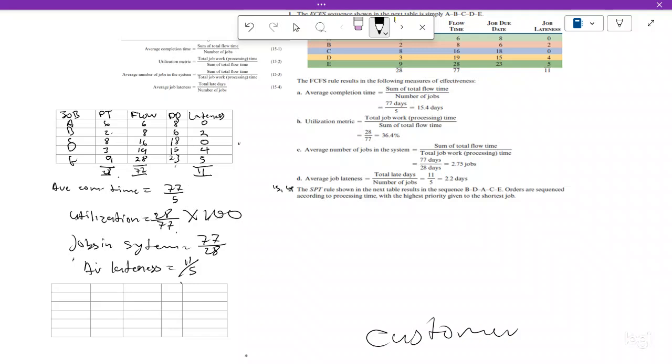For your practice, you've done this for FCFS. So we have to finish them out. Move to SPT, move to earliest due date, move to what is the other one?